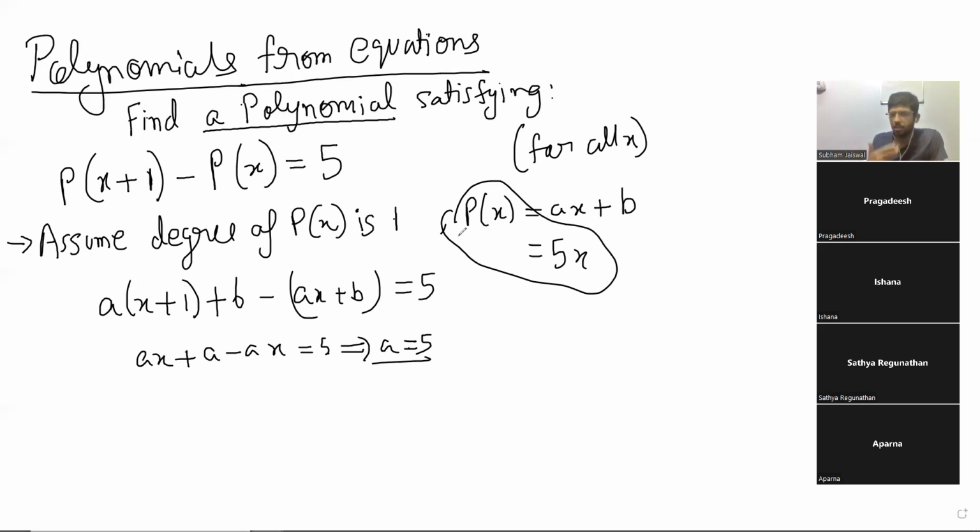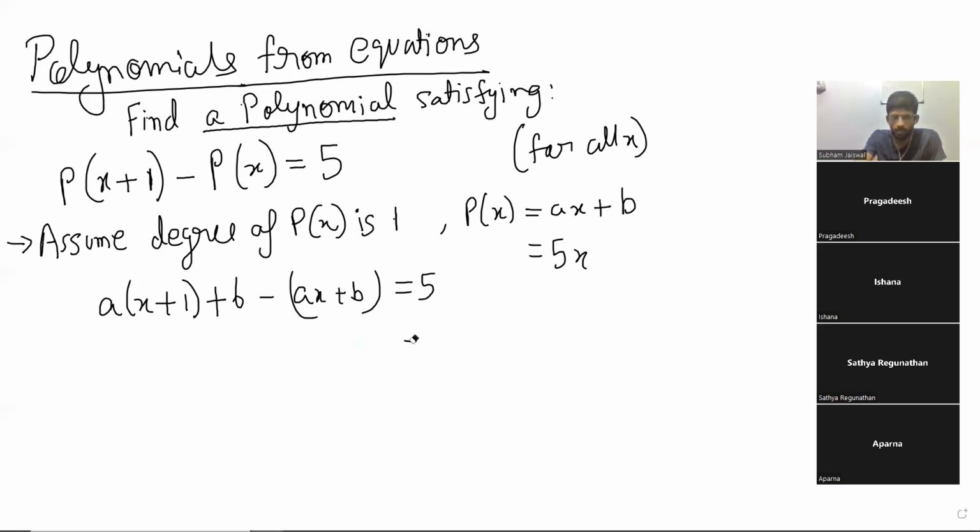And hence the polynomial, if you assume it is linear, is 5x plus b. You can relate it with arithmetic progressions also. If anything is not clear, you should stop me and tell me.